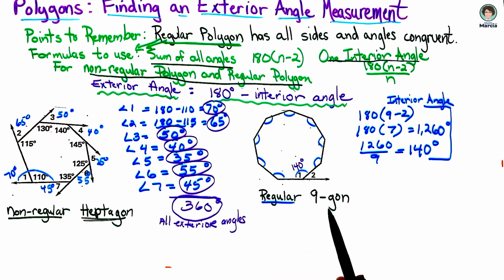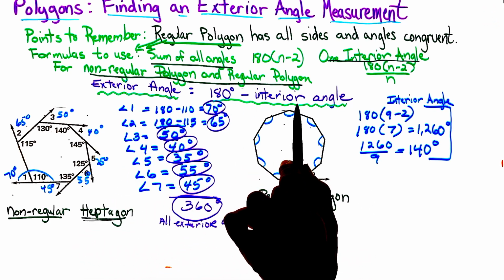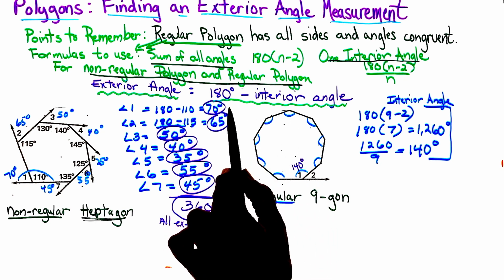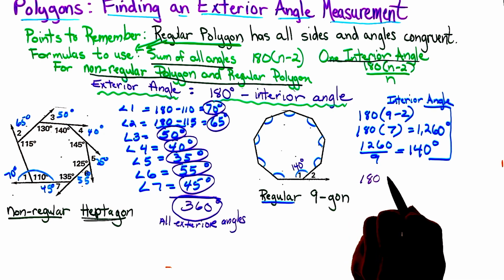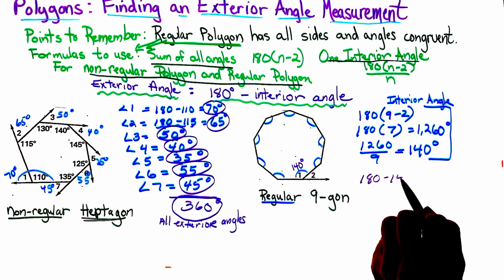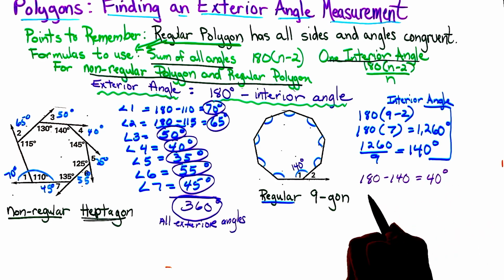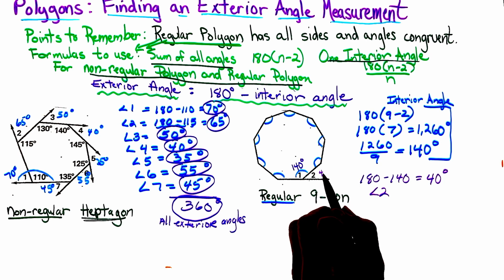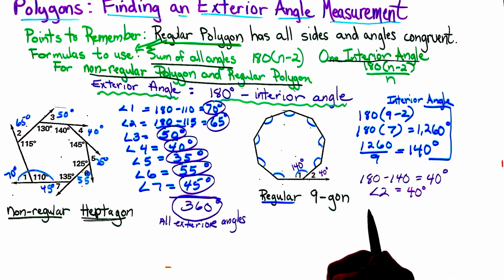Because remember, to find the exterior angle, we must know the interior angle. So now we're going to take 180 minus 140, which gives us 40 degrees. So angle 2 in our picture right here is equal to 40 degrees.